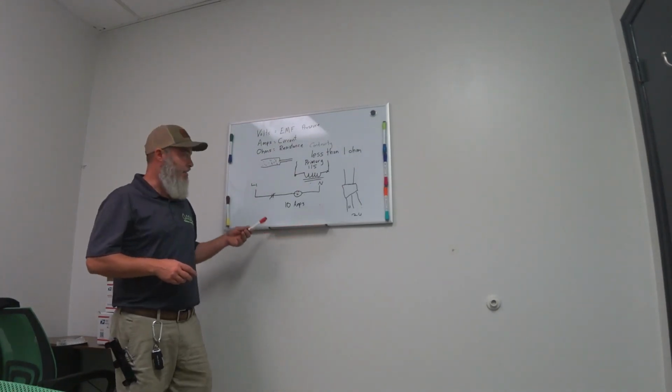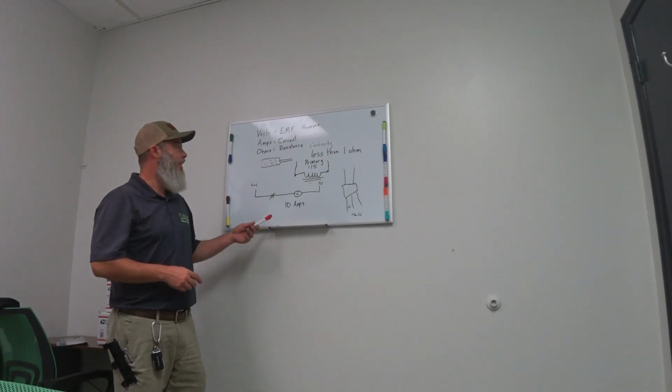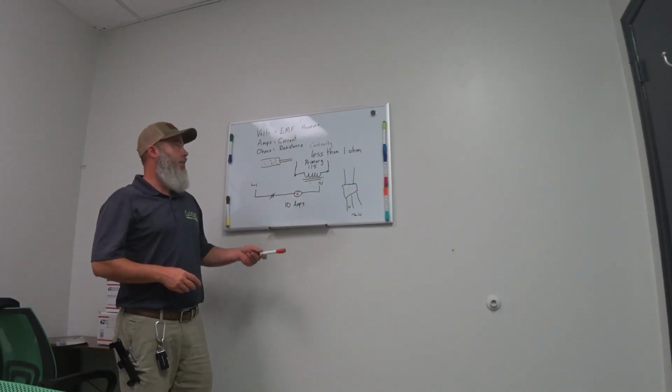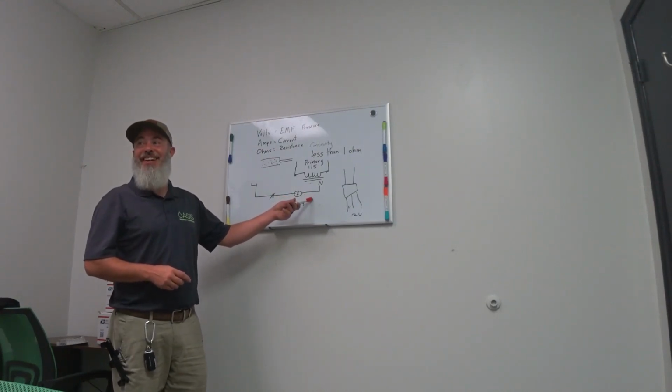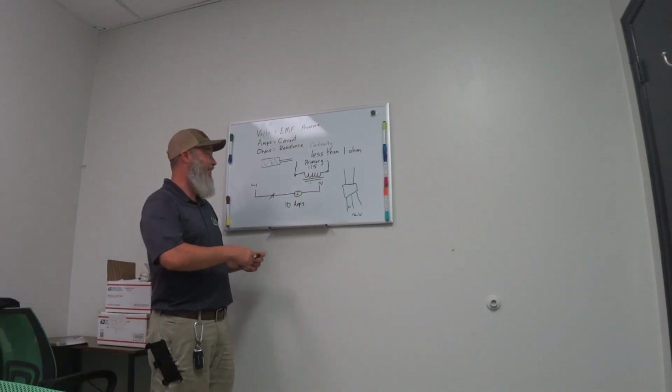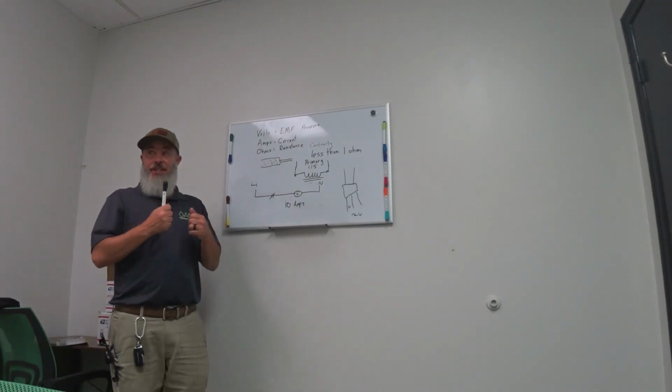It's slowing it down. If you didn't have a load here, your amps would basically be whatever your breaker was, and you'd trip the breaker. So you have that load in there, and it slows it down.